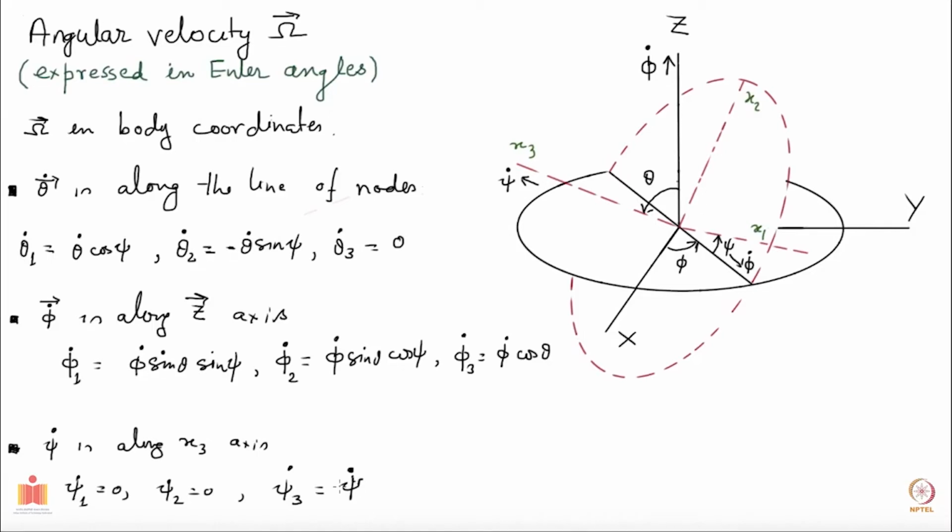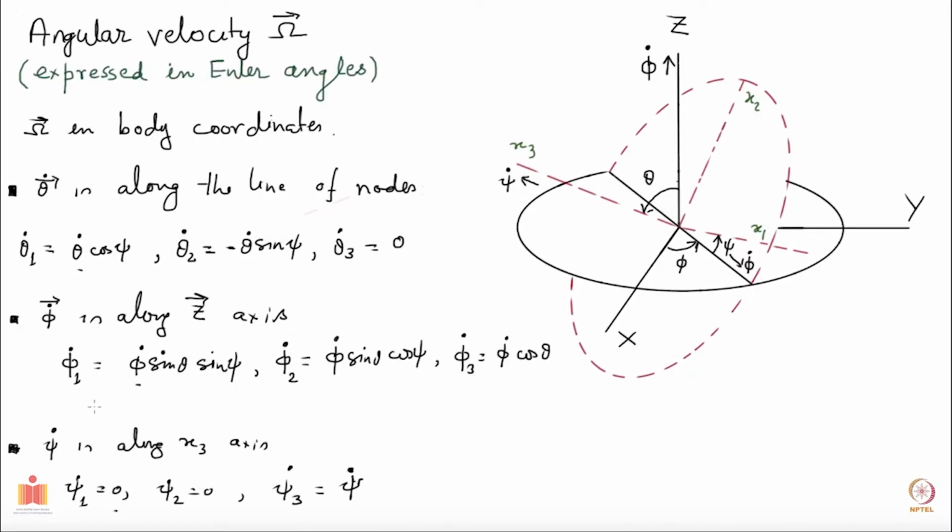Now how do I get my omega 1, omega 2 and omega 3? I should just collect the components. Let's say I want to know omega 1, so I should collect all the angular velocity components that are in the direction of x1. So if I'm looking at omega 1, I should take this, this and this, which is 0.